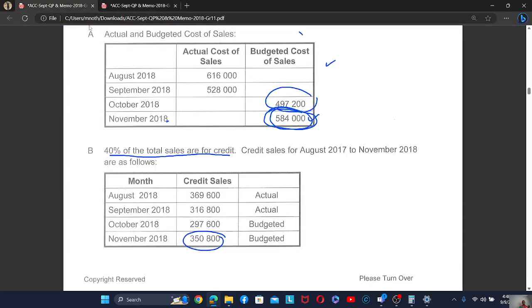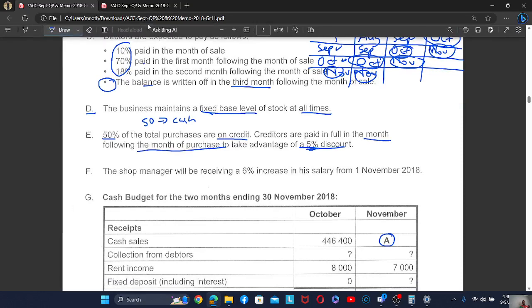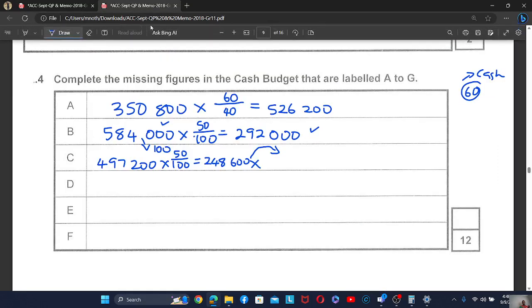But this business is receiving a 5% discount. Remember, meaning that you need to multiply by 95%. Like if we said 248,600 times 5%, and we take the 5% and minus it from 248,600, will that also work? Yes, it's going to be the same answer.